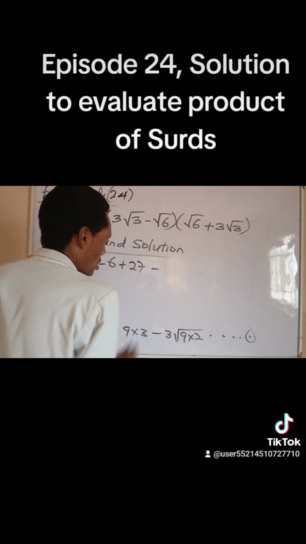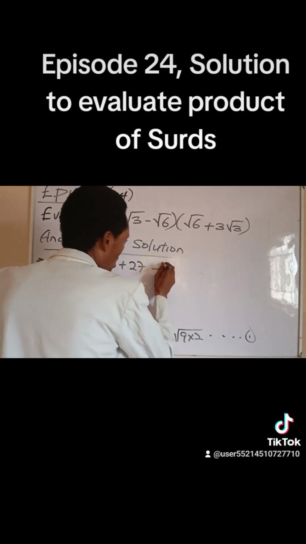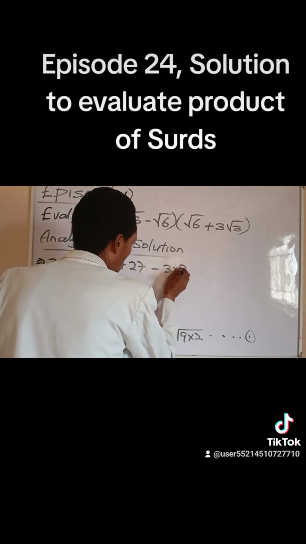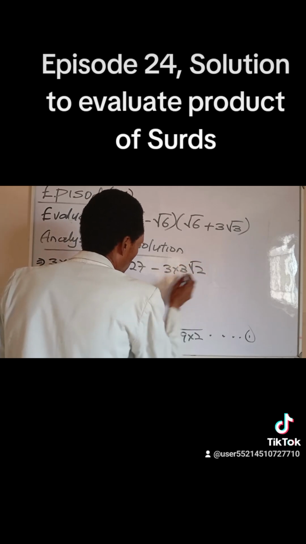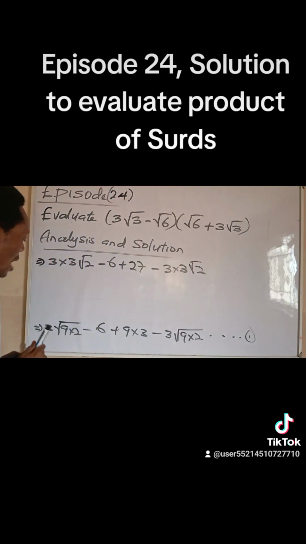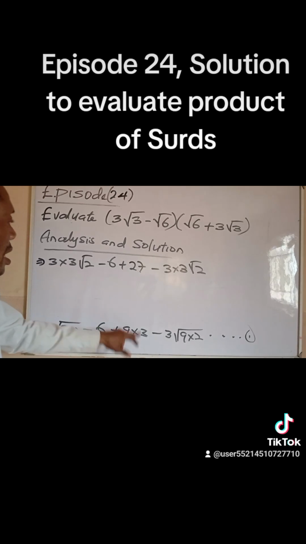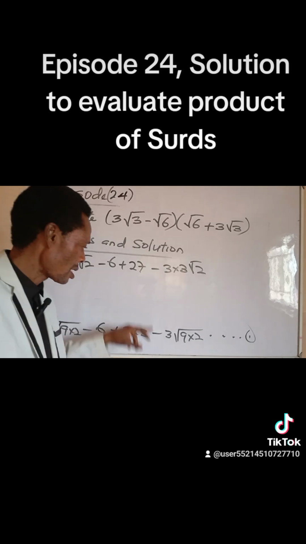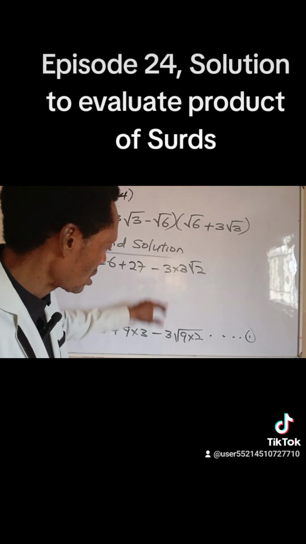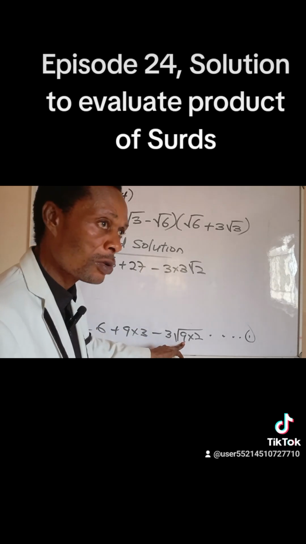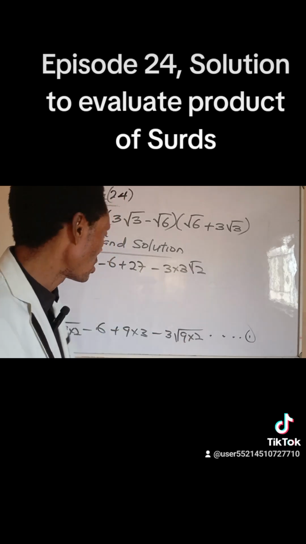Then minus 3 times 3√2. What I've just done here is that the square root of 9 is 3. So you have 3√2 minus 6, plus 27, then minus 3√2. That is just it.